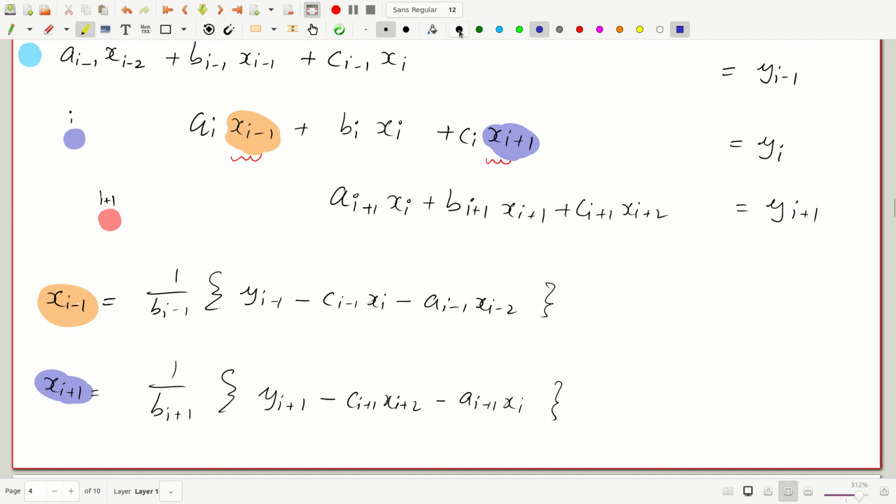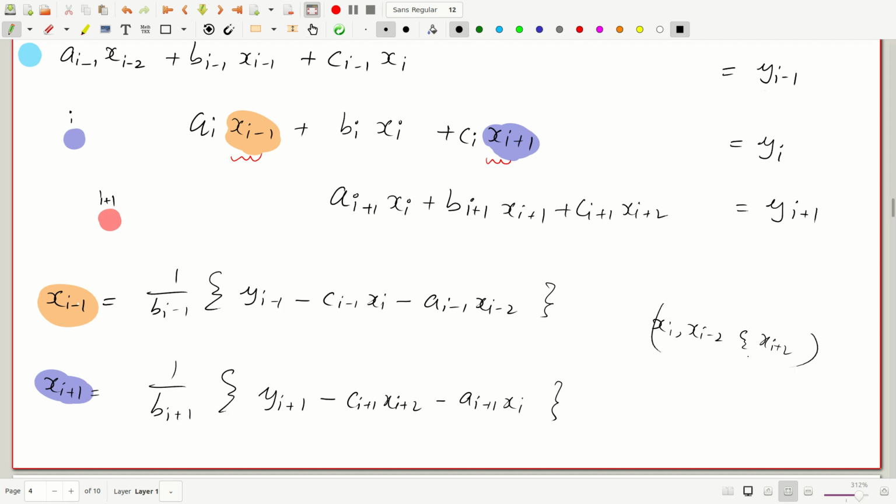Okay, now as you can clearly see, x_{i-1} now only contains x_i and x_{i-2}, and x_{i+1} contains x_i and x_{i+2}, and when we plug it in here, the resulting equation will only contain x_{i-2} and x_{i+2}, right? Because we are now already eliminating x_{i-1} and x_{i+1} from these equations. So we have already removed the dependency on the neighbors, and we went to a dependency on further neighbors which are one cell or one neighbor away, right?